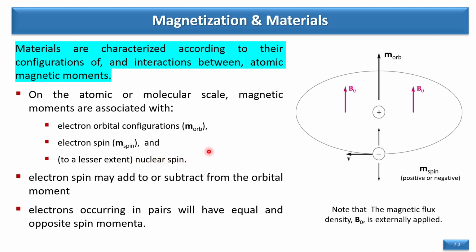But in our analysis and classification, we are going to neglect the nuclear spin because its amount is much smaller compared to the others, because of its slow motion, because it's a heavy component, heavy in weight, so it moves much slower. Also, for some materials, electrons occur in pairs, so they will have equal and opposite spin momenta.